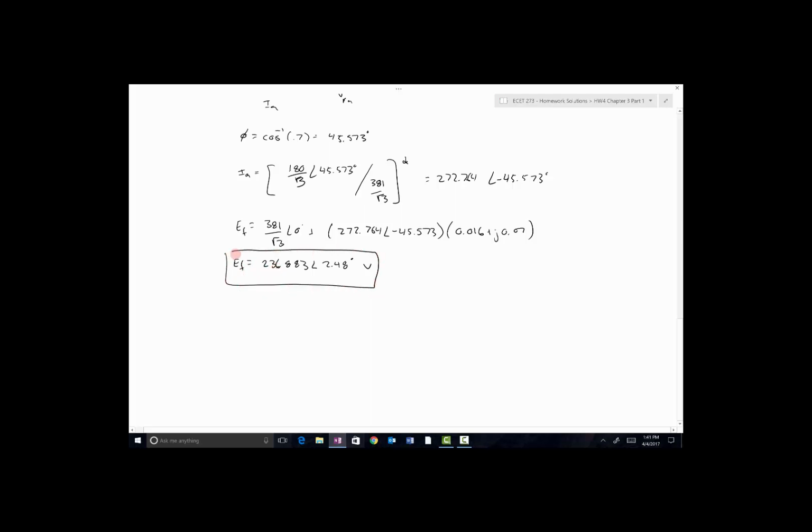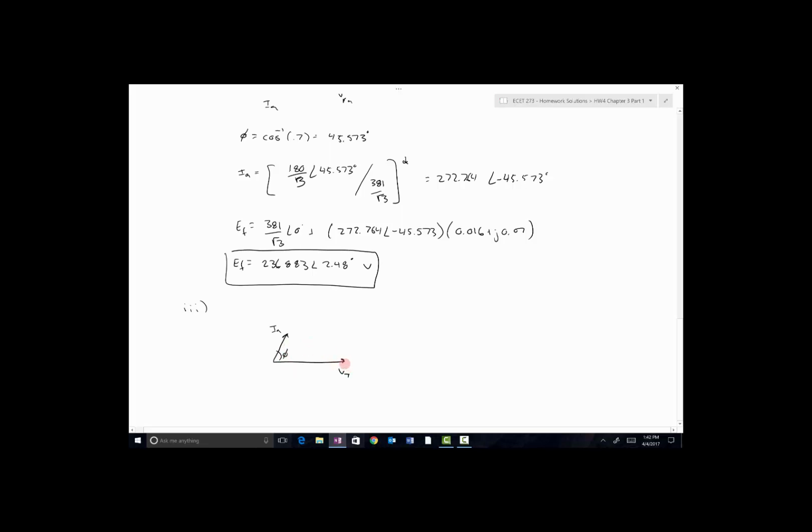So that's part 2. Part 3 asked us to repeat this for a 0.7 leading system. Just to remind you what that looks like, Vt, the terminal voltage, is always our reference. A leading current is going to be in the first quadrant, so that's IA, and that is the power factor angle right there.